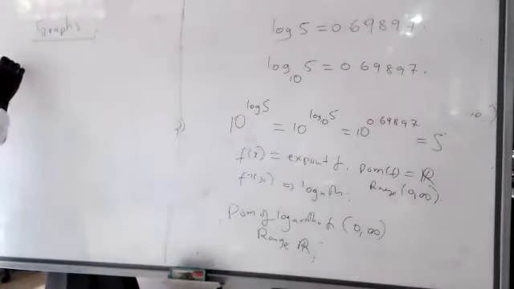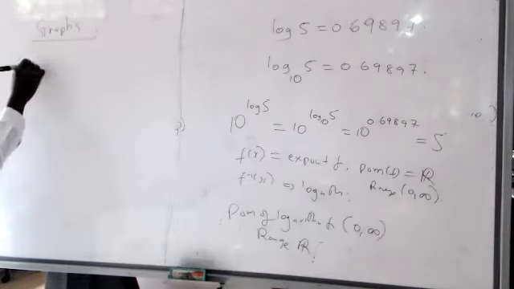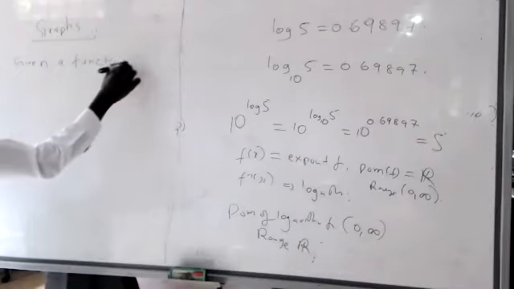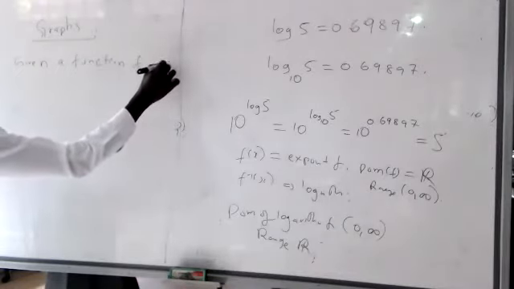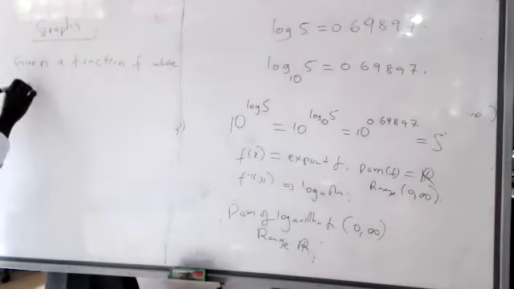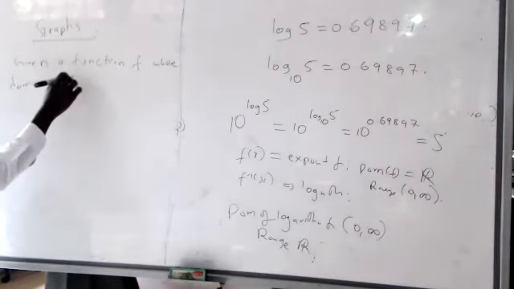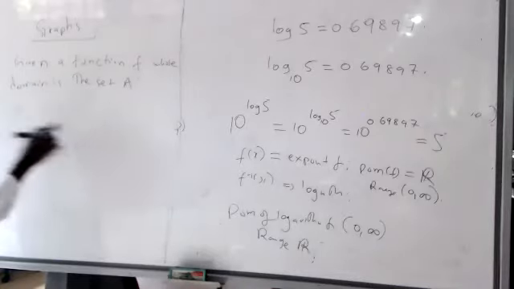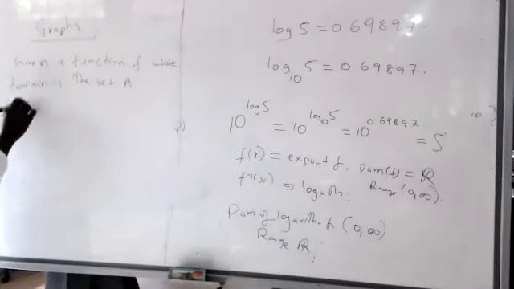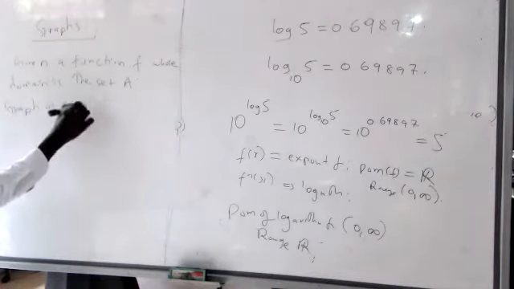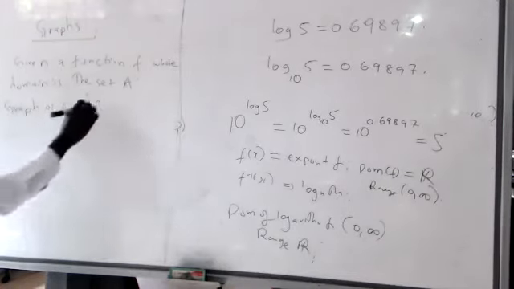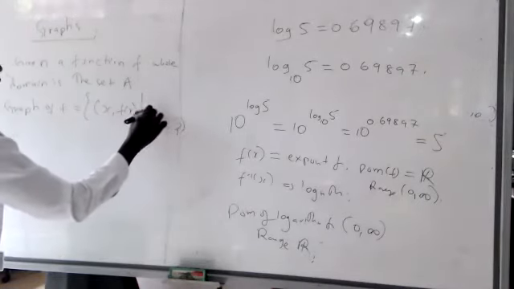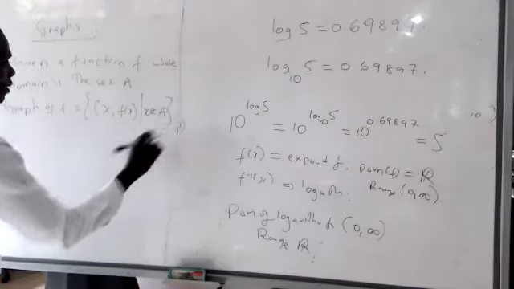So definition, given a function f whose domain is the set A, then the graph of f is the set consisting of x and f of x such that x belongs to the domain of f.